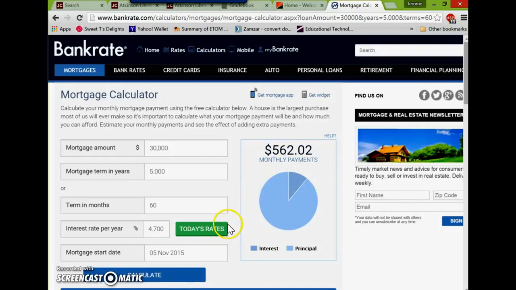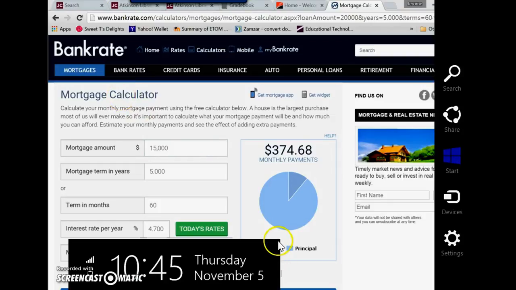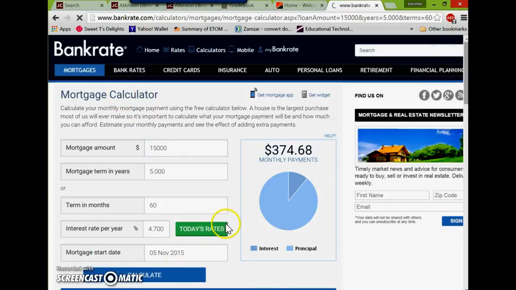My payment was $295 and some change. So $30,000 wouldn't work. Let's try 20,000. Then we'll calculate it. Okay, that's still just a little too high. Try 15,000. Okay, 281, that's coming very close.